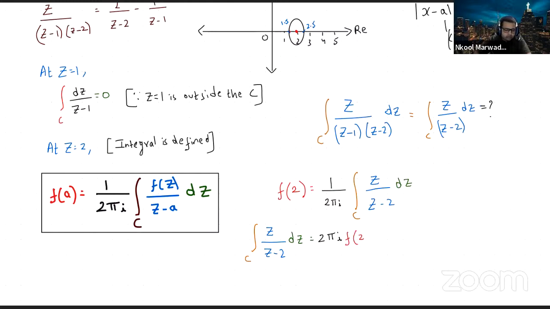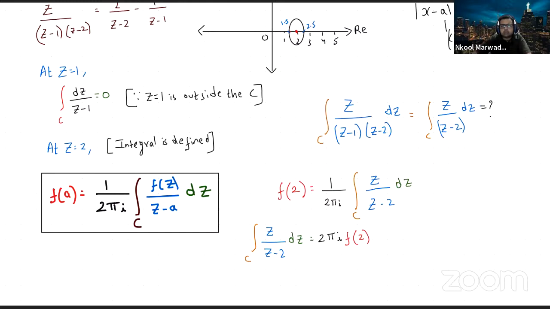And f of 2, how will you get f of 2? F of 2.